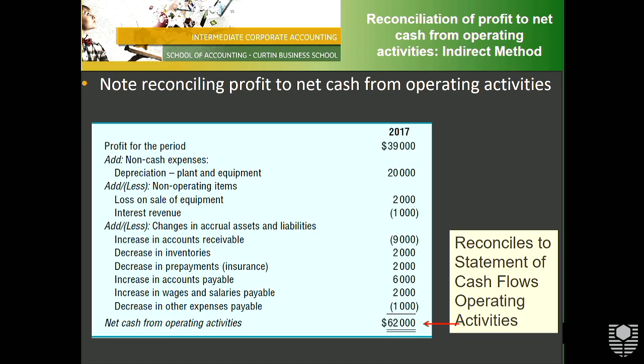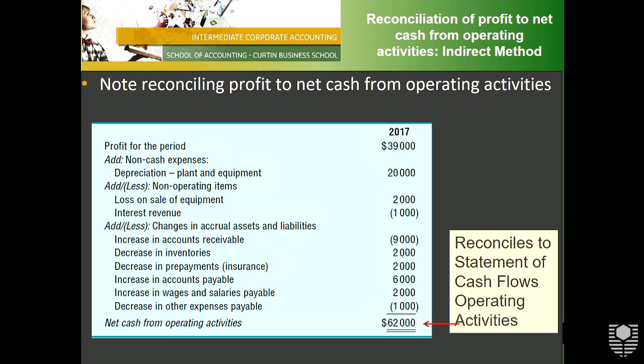Then your movement in your assets and liabilities that relate to operating activities. That's generally your current assets and current liabilities. There could be the odd non-current item in there, depending on what's actually in your profit and loss. So we've got accounts receivable, inventories, prepayments, accounts payable, salaries, for example, and other expenses.